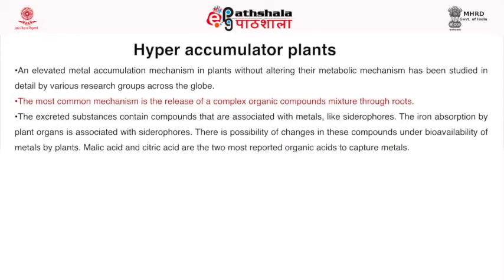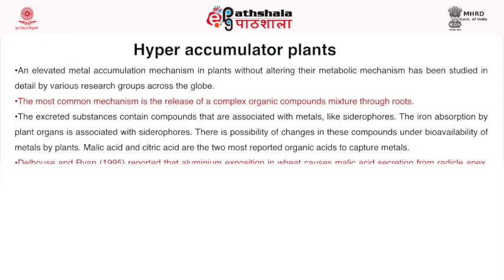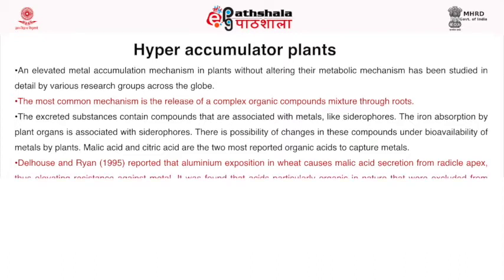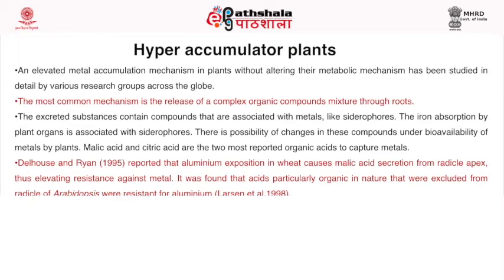There is a possibility of changes in these compounds under bioavailability of metals by plants. Malic acid and citric acid are the two most reported organic acids to capture metals. Delhaize and Ryan in 1995 reported that aluminum exposure in wheat causes malic acid secretion from the root apex, thus elevating resistance against metal.